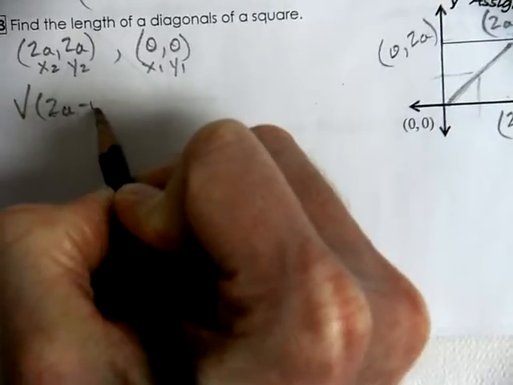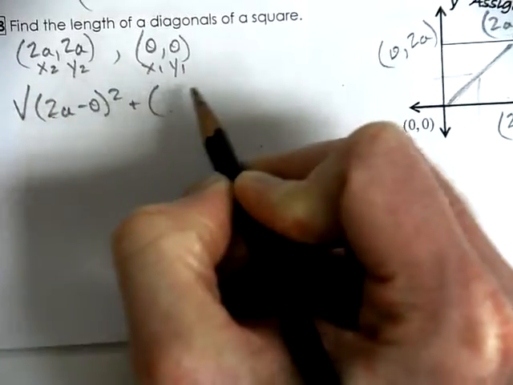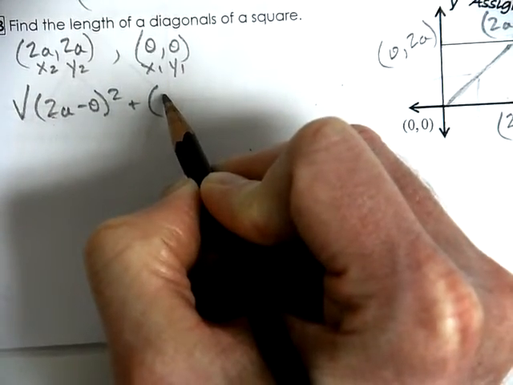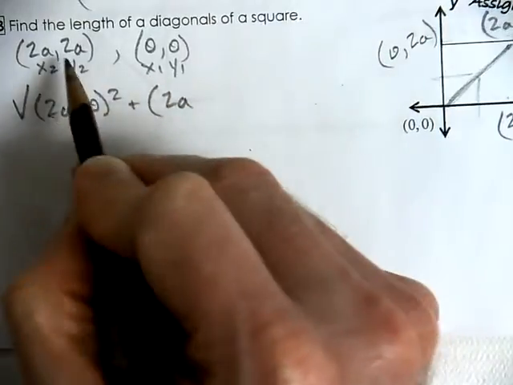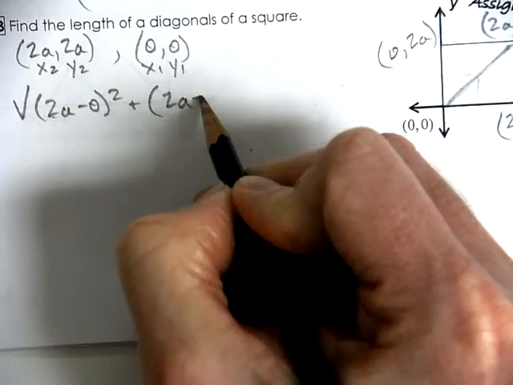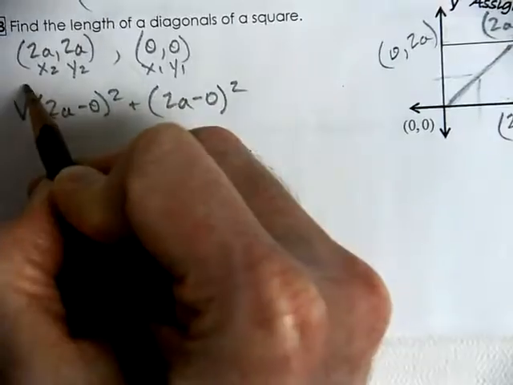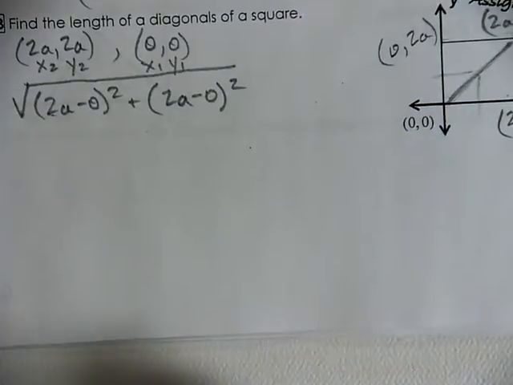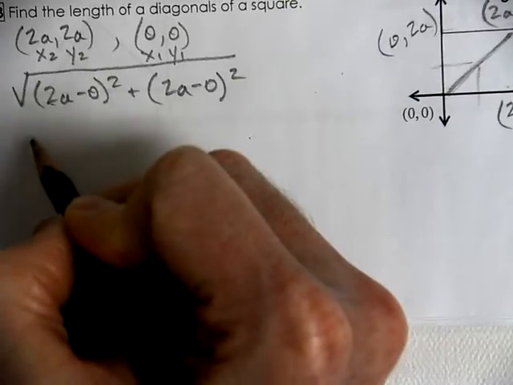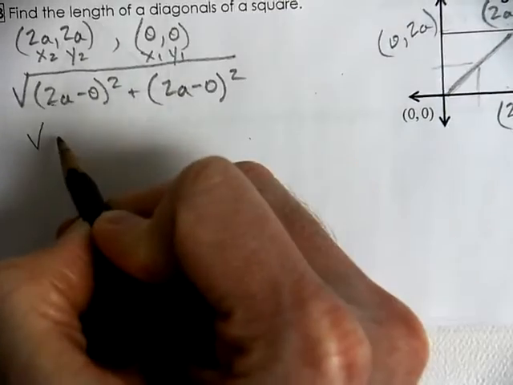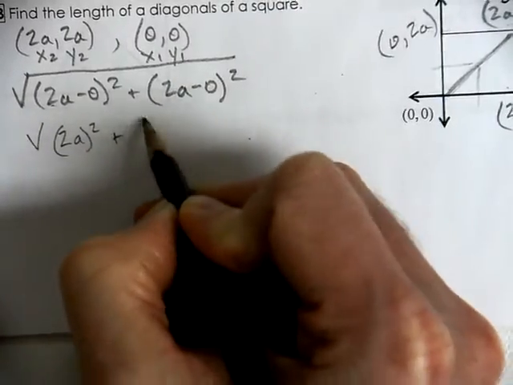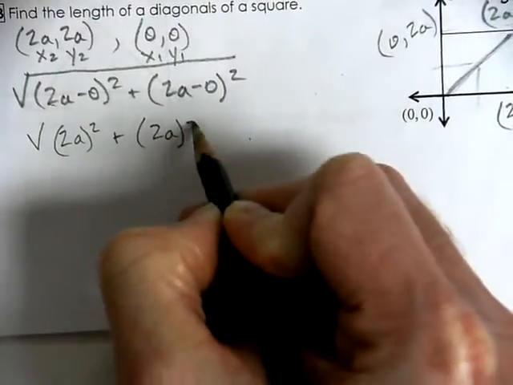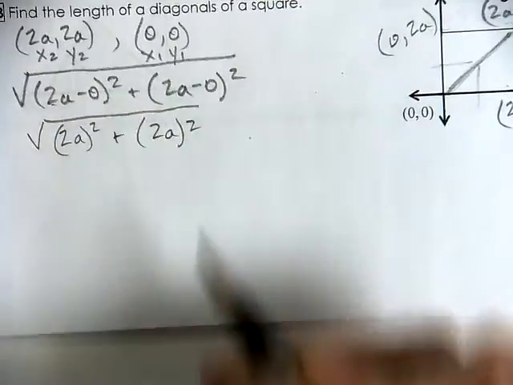So 2a minus 0 and y2, which is 2a minus 0. Two a minus nothing squared and 2a minus nothing squared.